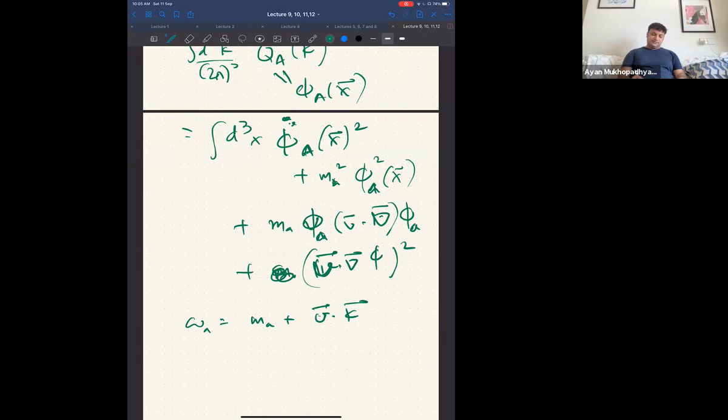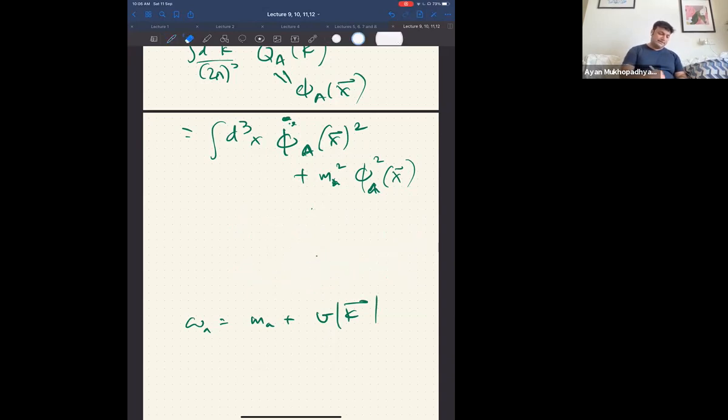If you have rotational symmetry, v should be simply, since this is a scalar, v mod k. Here, the first term will become a total derivative, so you can forget that. And the next term would be this, simply this.